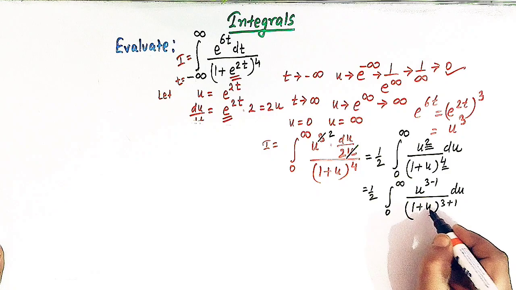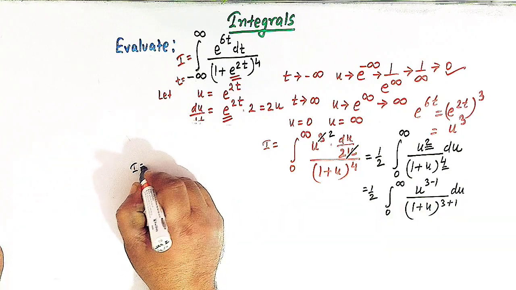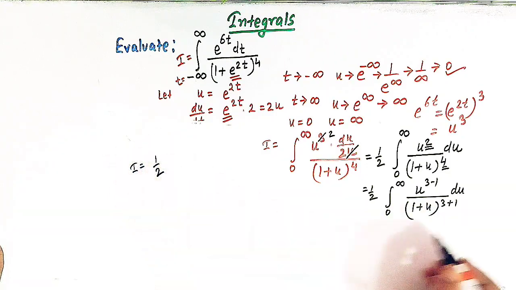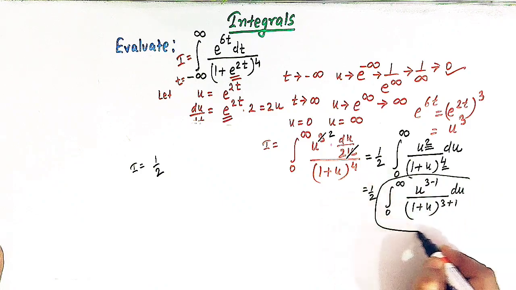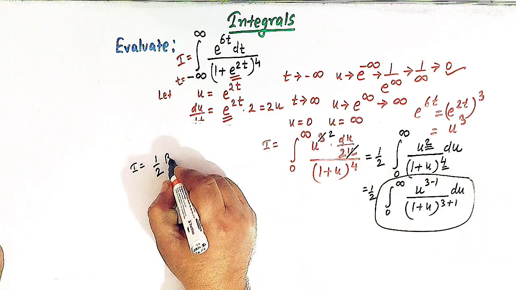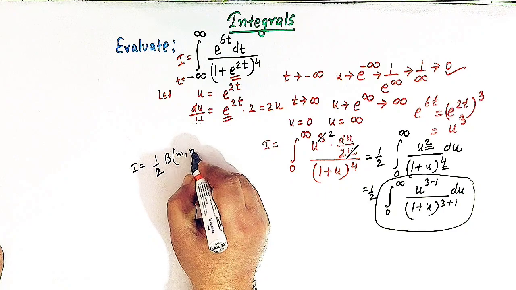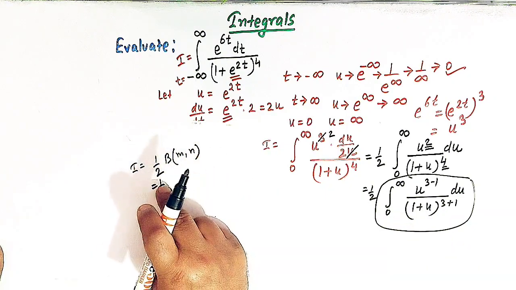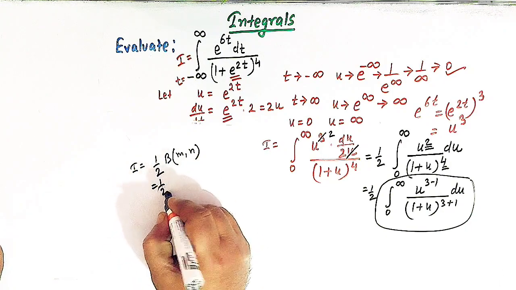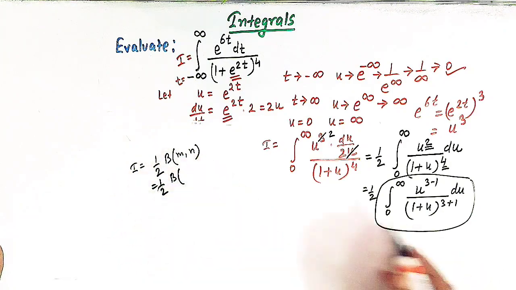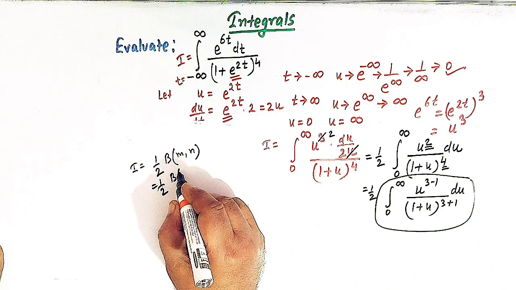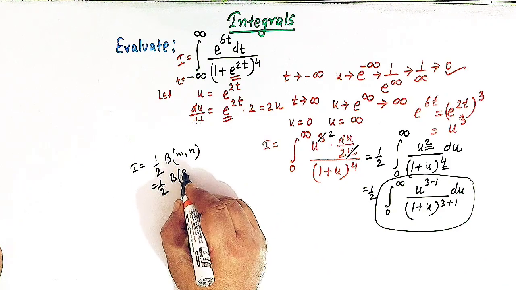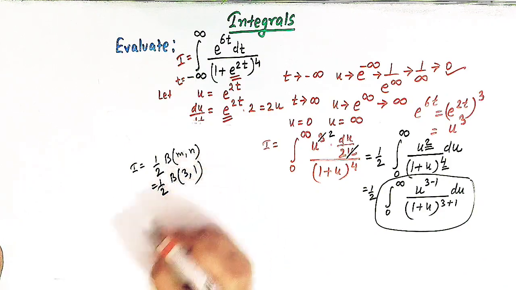So now this integral can be written as half, and this form is now equal to beta of m comma n, and m is 3. So here we have the beta function, beta m comma n, m is 3, n is equal to 1, right?